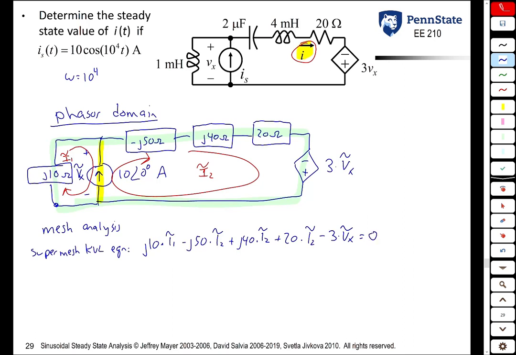But remember, when we do nodal and mesh analysis, we need to get rid of these control variables if it's not one of the variables that we want to end up with.